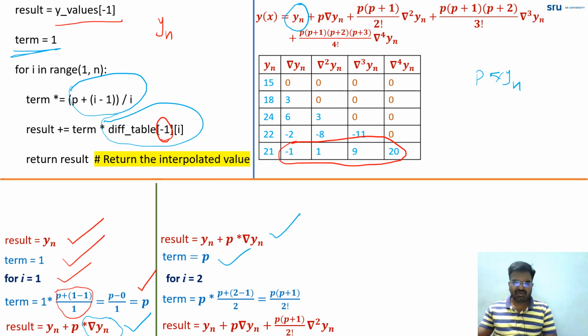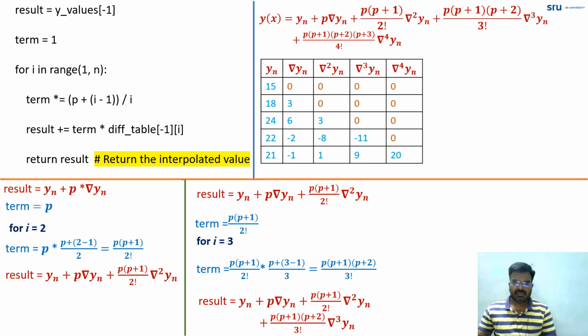Now at I equal to 2, again we are updating the term and the result. We have to continue this process. At I equal to 3, we update the term, then the result.